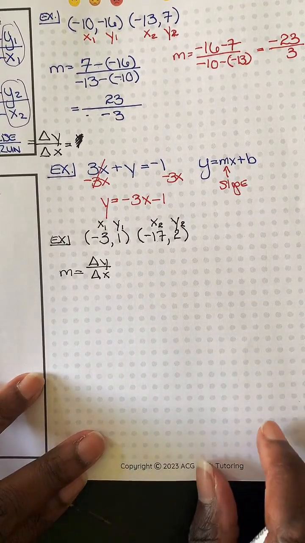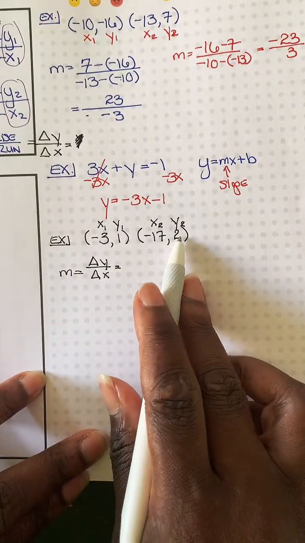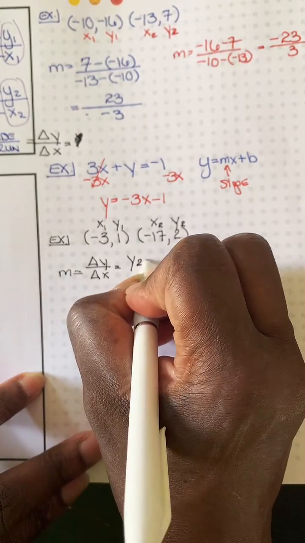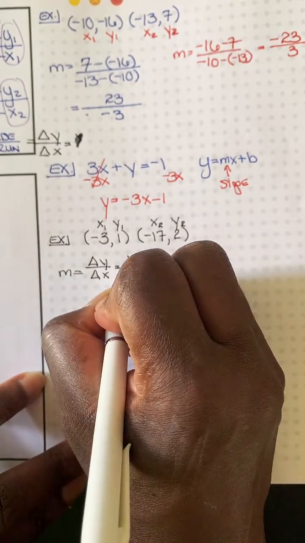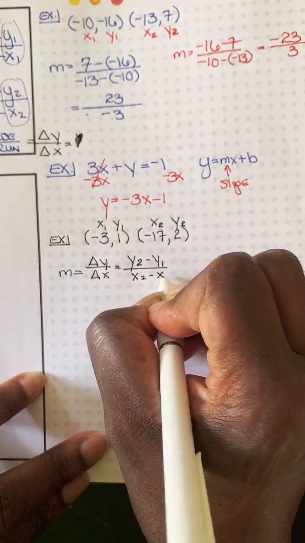Many of you will do y2 minus y1 over x sub 2 minus x sub 1.